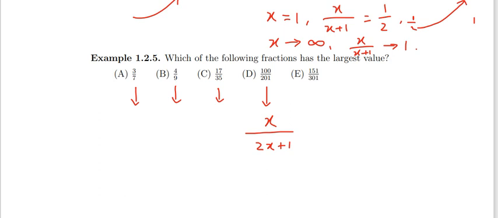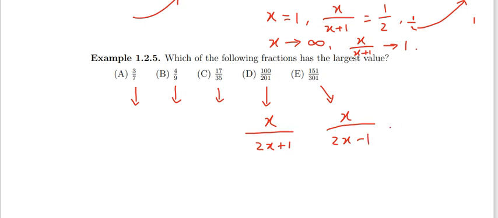We can find all those are just like x over 2x plus 1. But this one is not. This one is, if this is 151x, multiply by 2, become 301, so this becomes 2x minus 1, right?